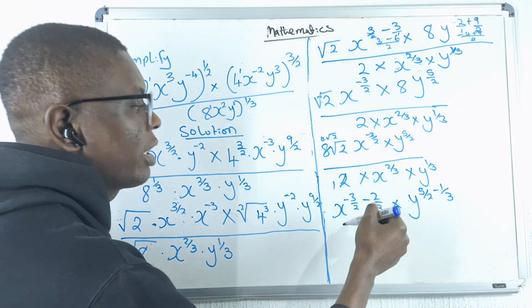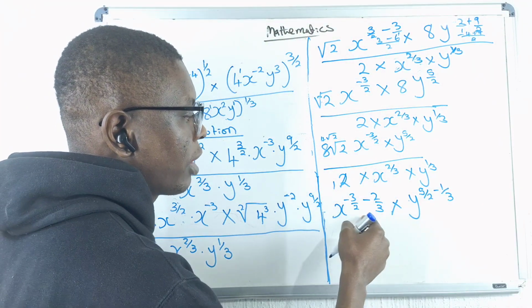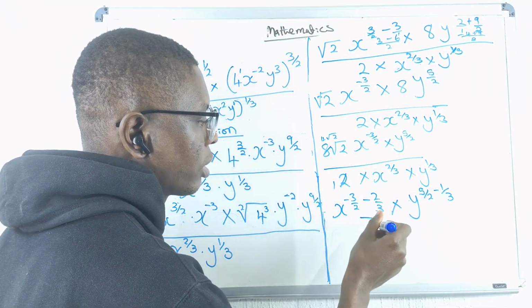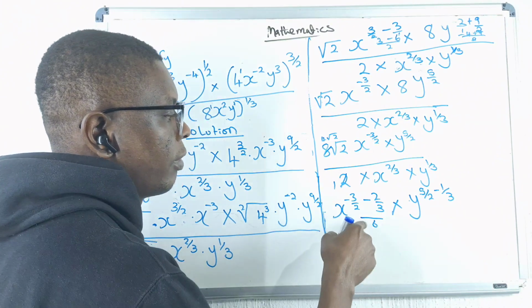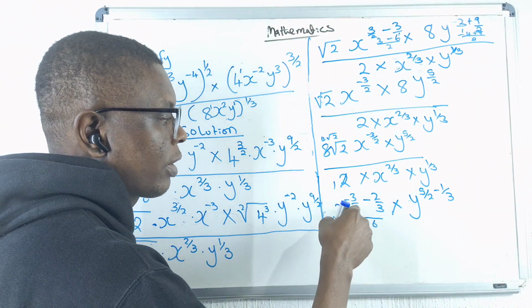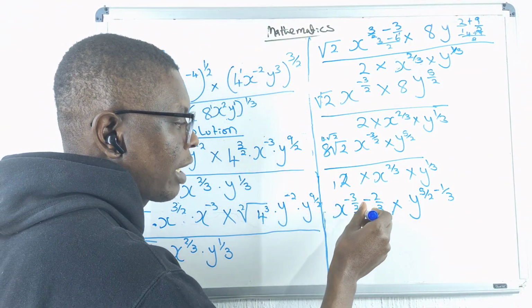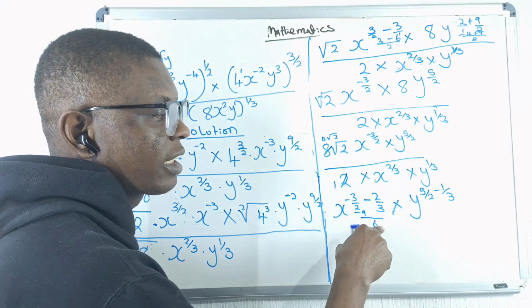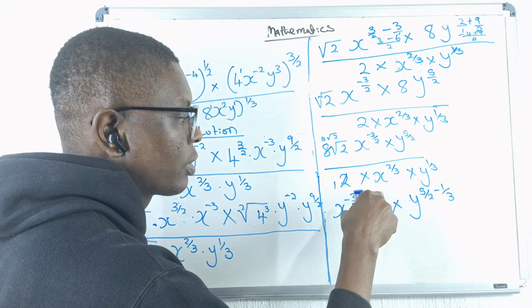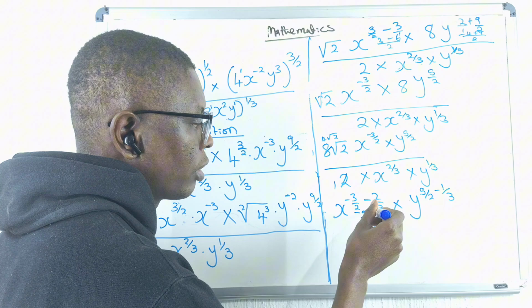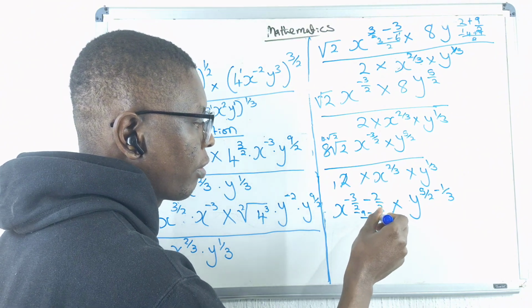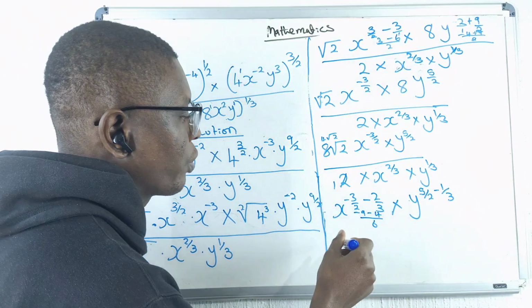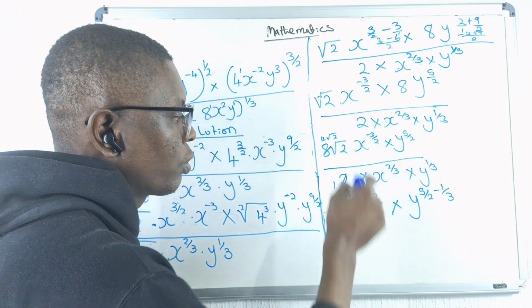Okay. So simplifying this further, what's our LCM here? Our LCM here is 6. 2 will enter 6 how many times? 3. 3 times minus 3 will give you minus 9. 3 will go into 6 how many times? 2. 2 times 2 will give you 4. So minus 9 minus 4. Remember we have 4 root 2 here already.